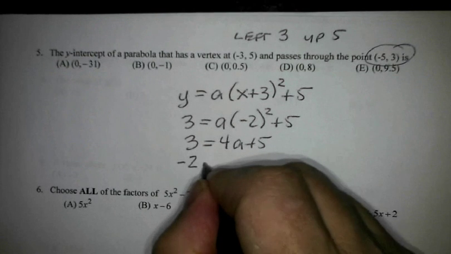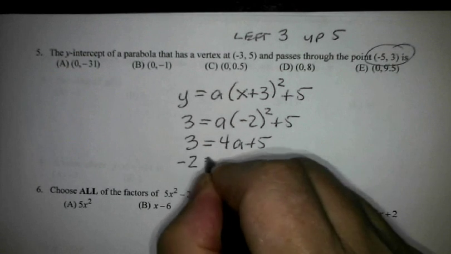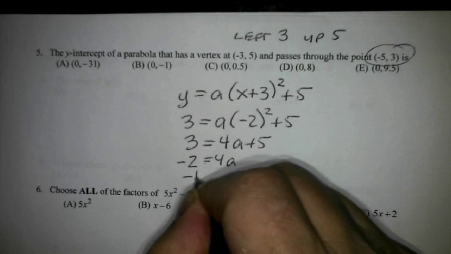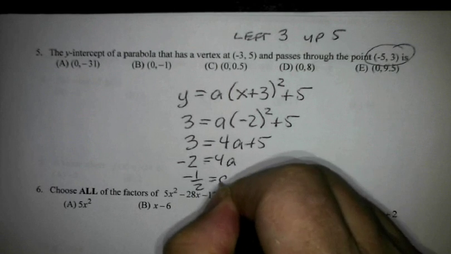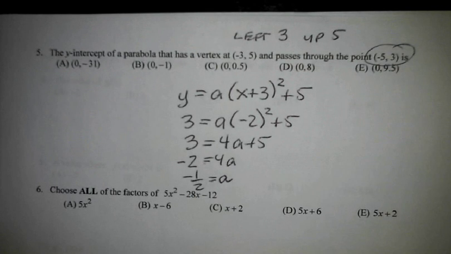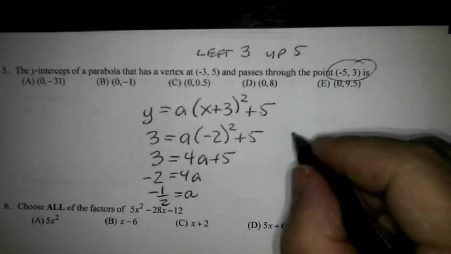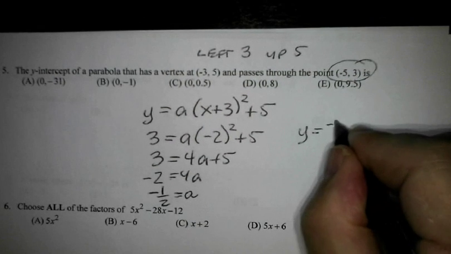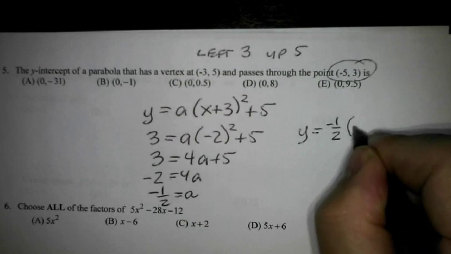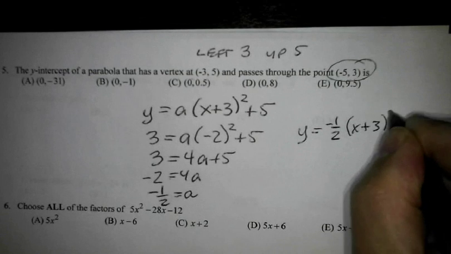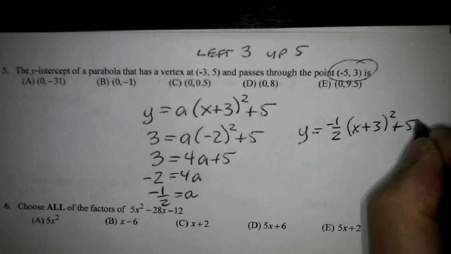I get negative 2 equals 4a. A is equal to negative 1/2. Okay, so now my equation is y equals negative 1/2 times x plus 3 squared, plus 5.